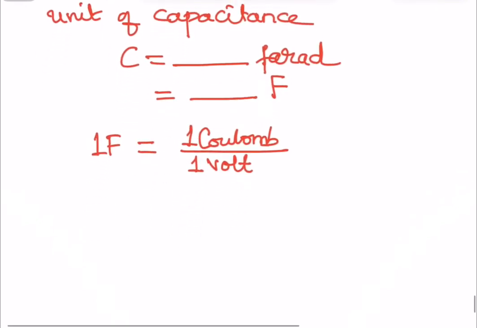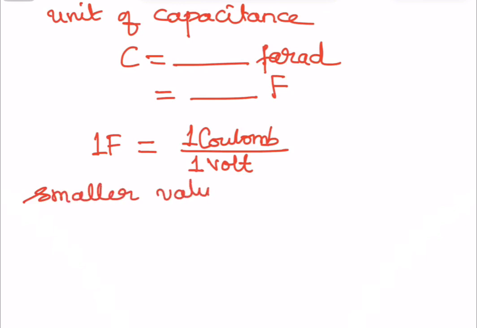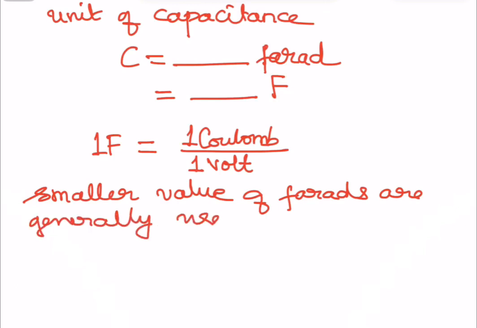But 1 farad is too large a quantity. The commonly used capacitors have capacitance smaller than 1 farad. Therefore, smaller values of farads are generally used in capacitors.